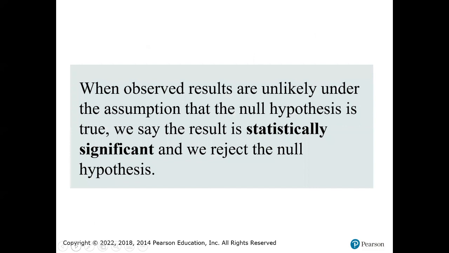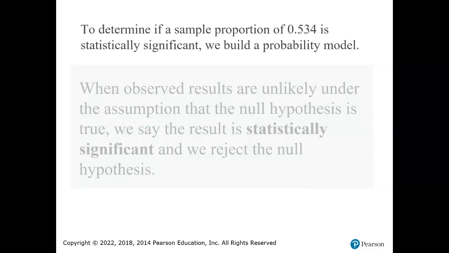When observed results are unlikely, under the assumption that the null hypothesis is true, we say the result is statistically significant and we reject the null hypothesis. Now, depending on what we are given, it will determine where we're going to determine our level of significance here. Do we have enough evidence?